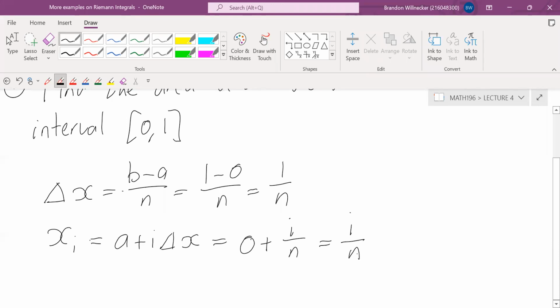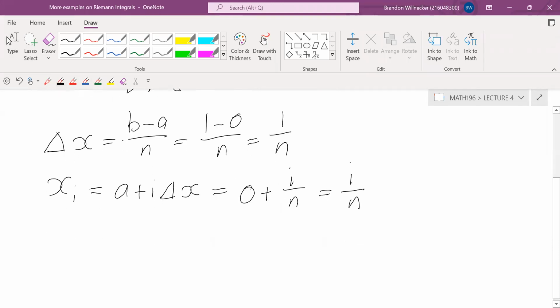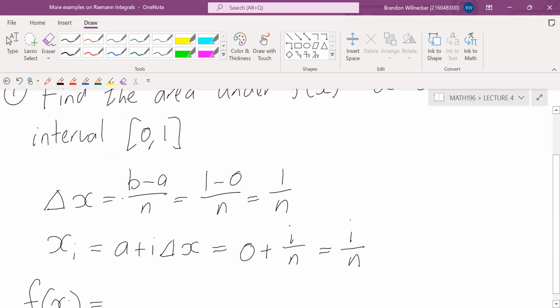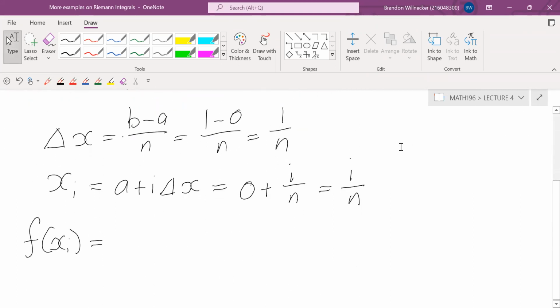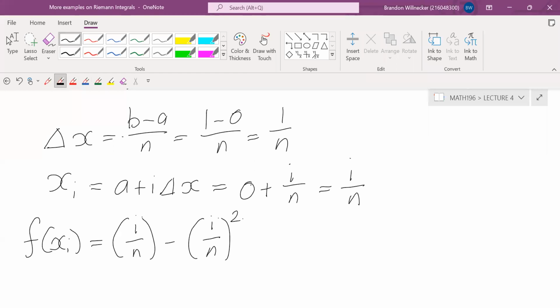Okay, so that's x_i. And then the last thing that we need to find is f of x_i. So remember, f of x is x minus x squared. So this is going to be i over n minus (i over n) squared. So x_i minus x_i squared. And then I just substituted what x_i is. Okay, but we can do the square over here.